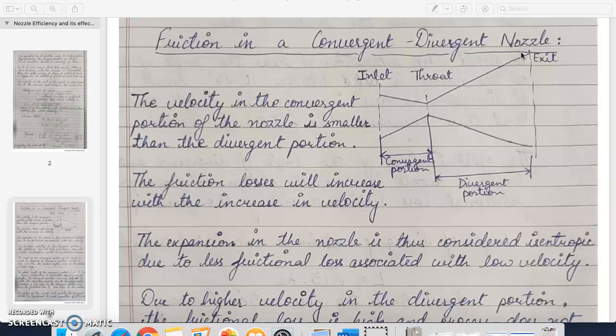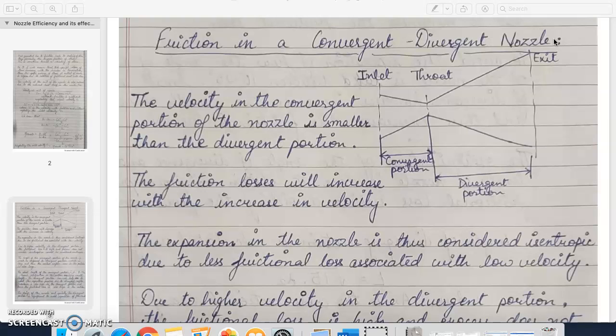Now, to minimize the separation of flow, the divergent angle is kept between 10 to 25 degrees, so that it is not very acute, and hence it will prevent the flow separation. Now, a smaller angle will lead to an increase of the length of this divergent portion, and this will lead to an increase of the frictional losses.